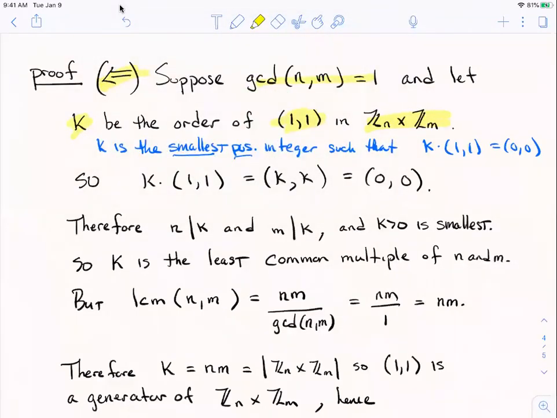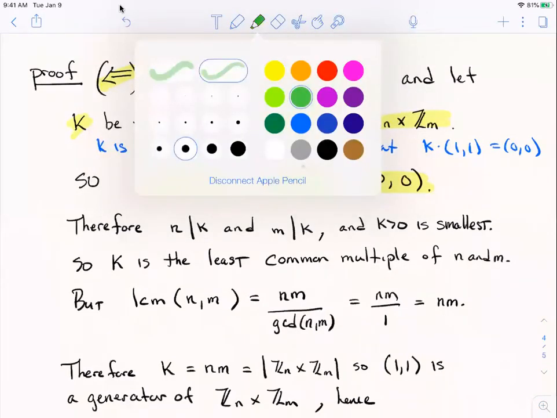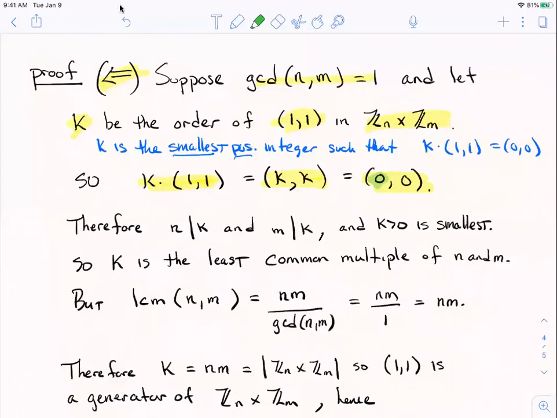All right. So if we take k and we add (1, 1) to itself k times, well, of course, we're going to get (k, k), and like we just said, k is the order, that gives us (0, 0). But to have a 0 in the first coordinate, that number would have to be divisible by n.